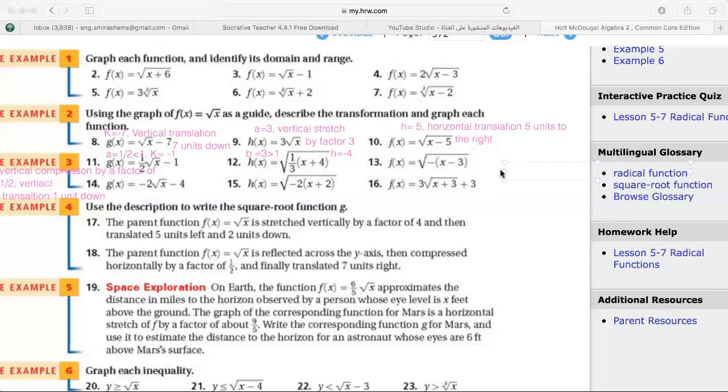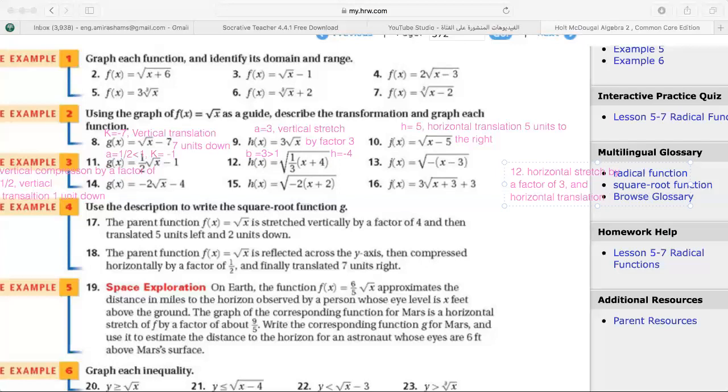Answer of 12 is, first, I have a horizontal stretch by a factor of 3 and a horizontal translation.